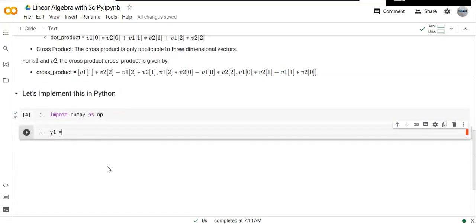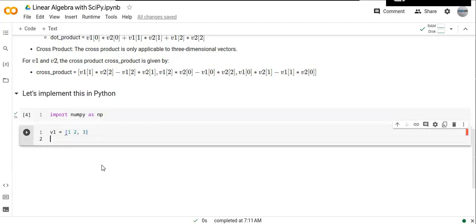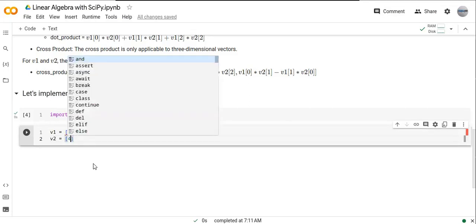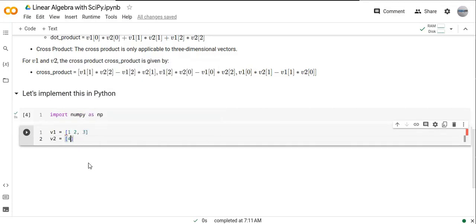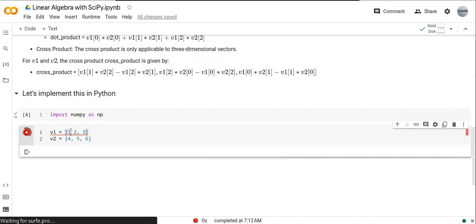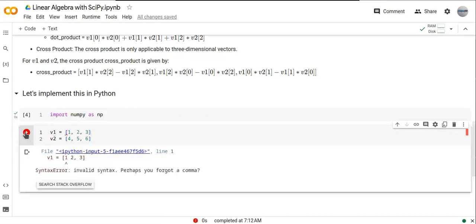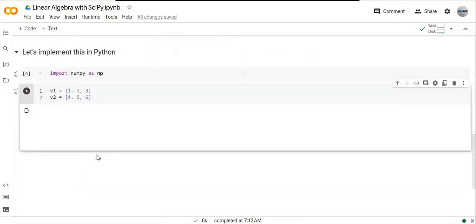Vector 1 is, let's say, 1, 2, 3, and vector 2 is 4, 5, 6. Sorry, there should be a comma between each element in the vectors.